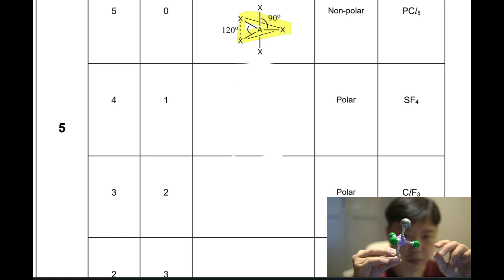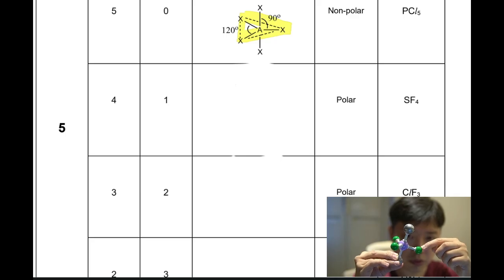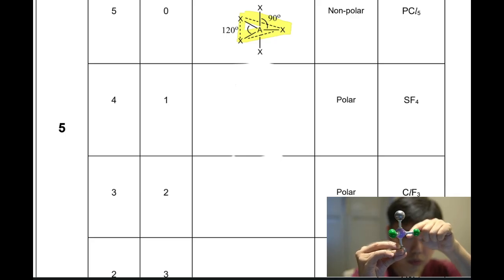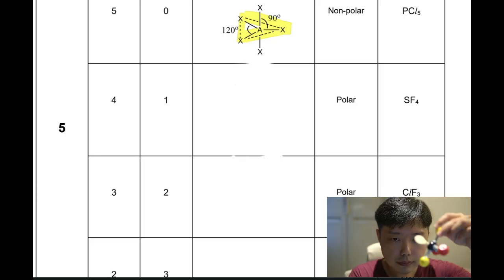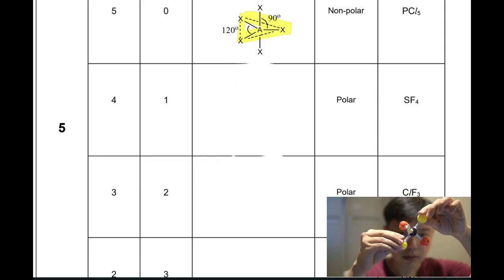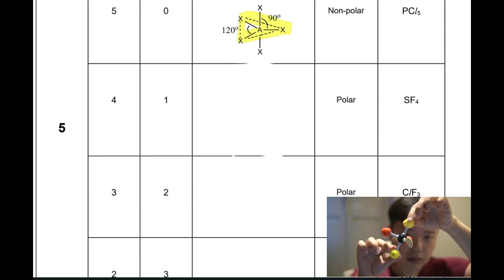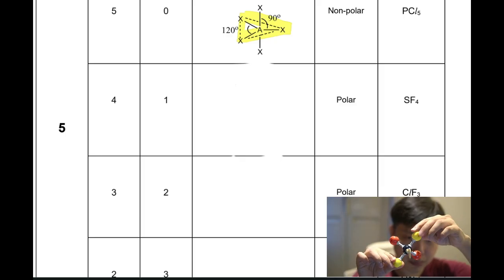That's why we're going to substitute the lone pair on the green ball so that you only have 2 lone pair to bond pair repulsions at 90 degrees. So this is how we will substitute. Can you see? I run out of green balls, so we're going to use yellow and red balls here.